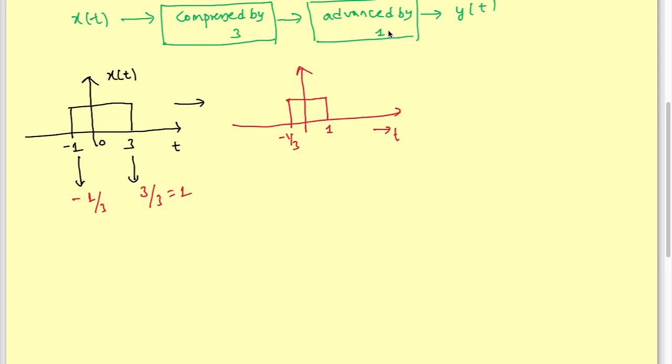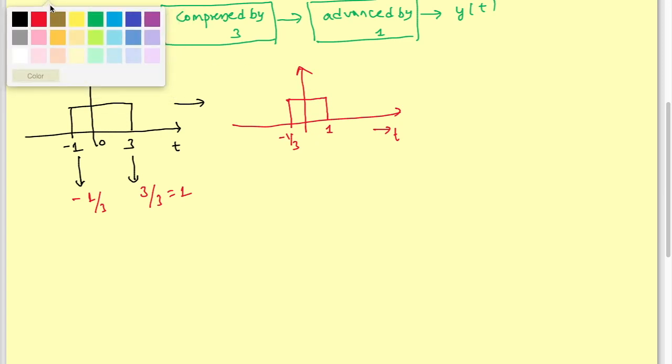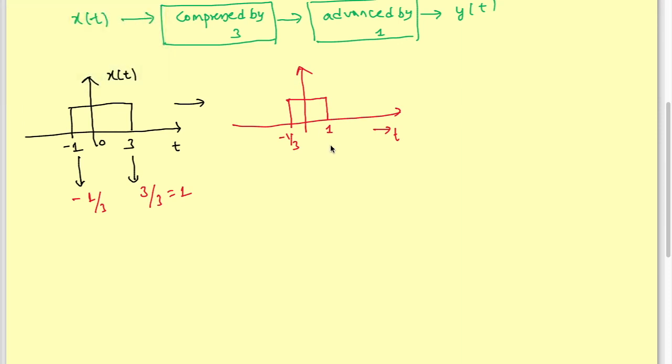If I need to advance my signal by 1, it means I need to shift my signal in the left direction. So I will take some other color and subtract 1 from this. 1 minus 1 will become 0 and -1 by 3 minus 1 will become -4 by 3.